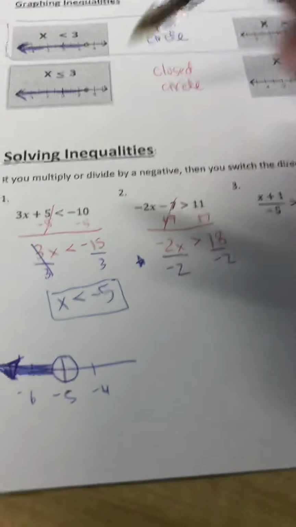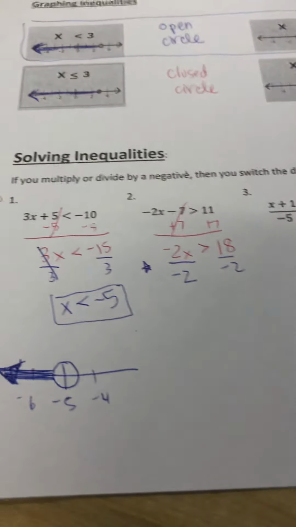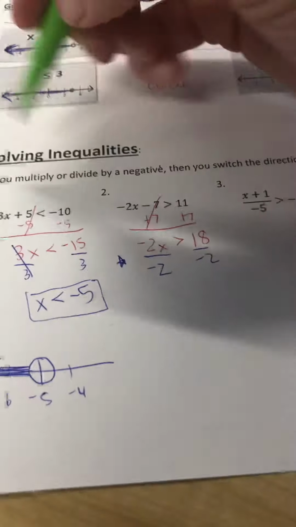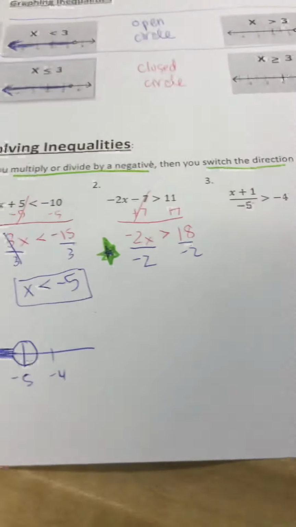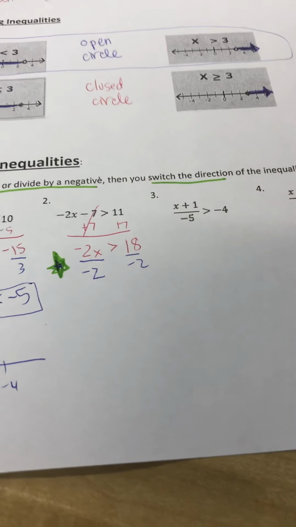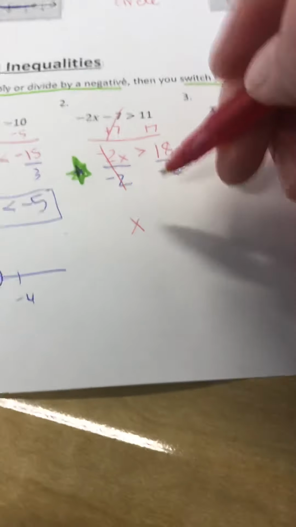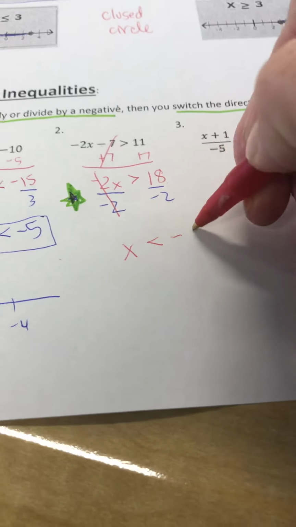And right here it says, if we multiply or divide by a negative, we have to switch the direction. So I'm going to put a little star with that same color. We have to switch the direction. So now, yes, this cancels out giving me x, but instead of being greater than, it's now less than. And 18 divided by negative 2 is negative 9.